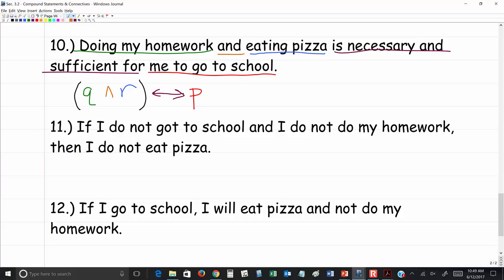Okay, and number 11, if I do not go to school, so that's tilde P, and I do not do my homework, so that's tilde R. All right, so that would be in the parentheses, both of those things. Then I do not eat pizza. Oh, whoops, I messed up my letters here. Sorry.